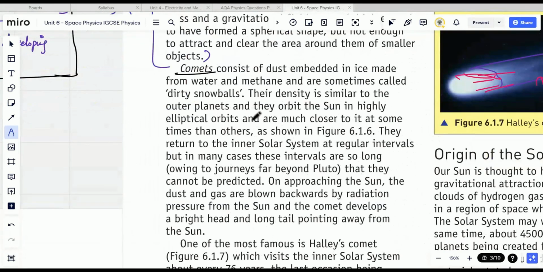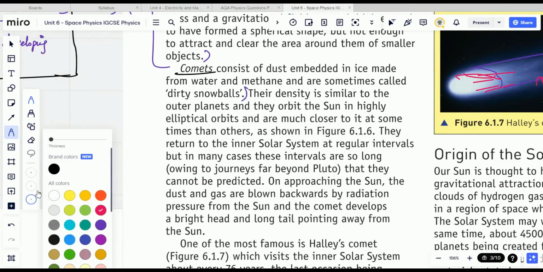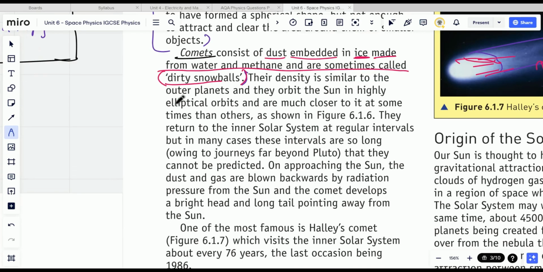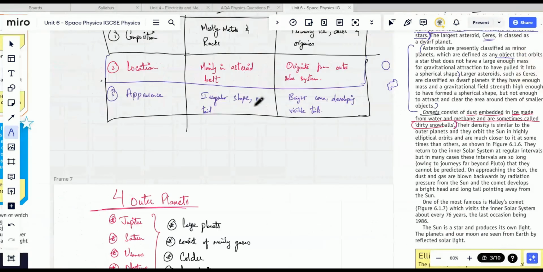I already discussed the comets with you. See, what are they saying here? That comets are made up of dust embedded in ice made from water and methane and are sometimes called dirty snowballs. Easy? Any confusion till here? Okay, the density is similar to the outer planets. So let's talk about the density as well.